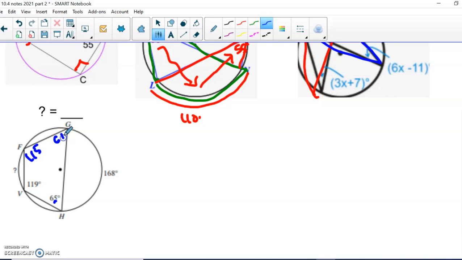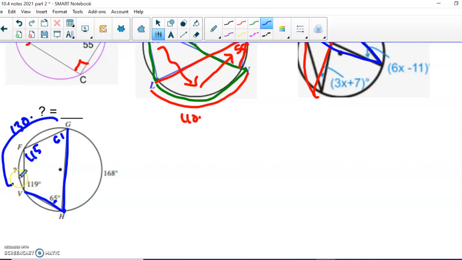All right. Now we're going to find the intercepted arc for the 65-degree angle. It creates this arc here. So I'm going to take 65 and double it.